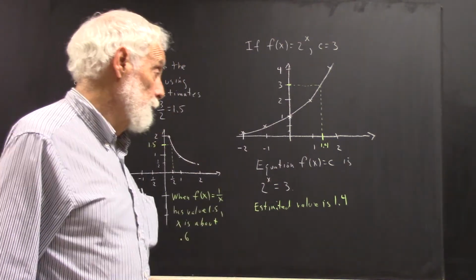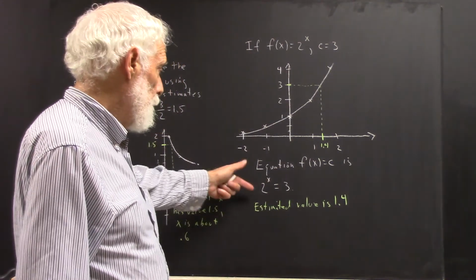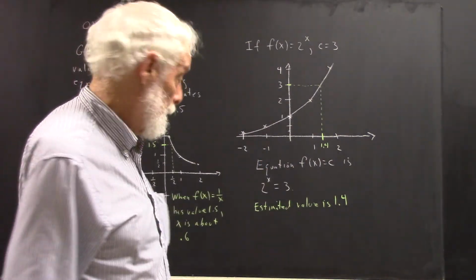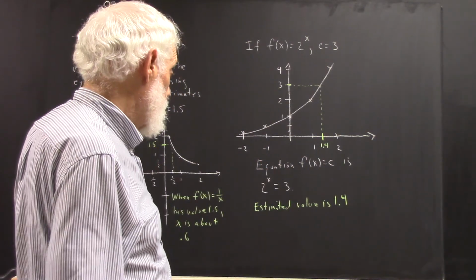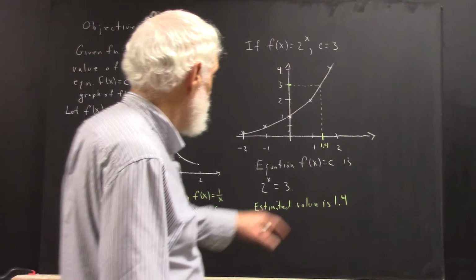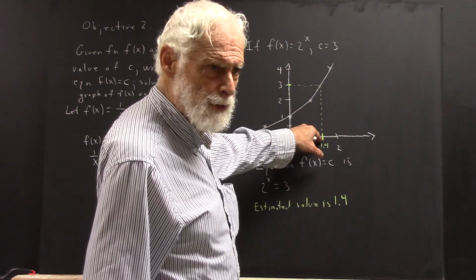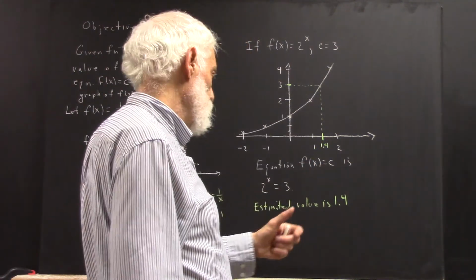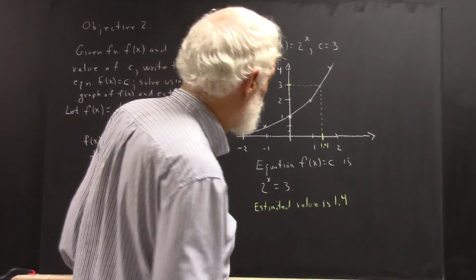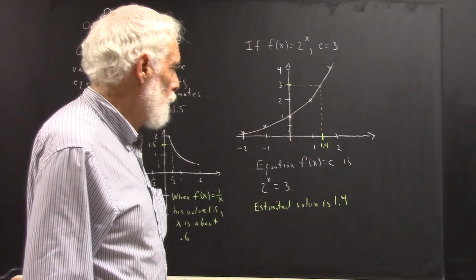Turns out that's not a great estimate. An actual value of x would be a little over 1.5. But it's not a terrible estimate. It's kind of within a tenth or so. It's a little more than a tenth off because the actual value is a little more than 1.5.